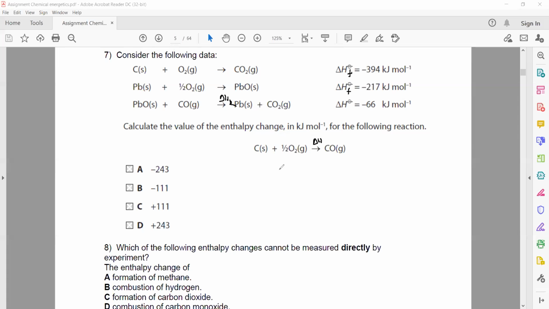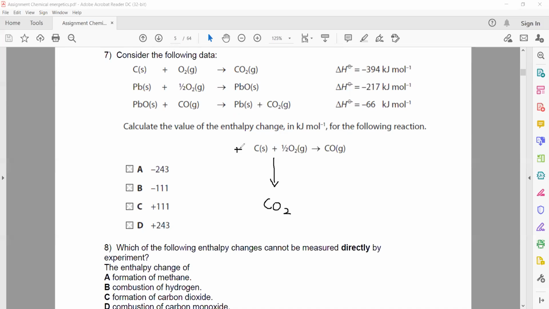So what we can do is add a link here, because this is the formation of carbon monoxide. Maybe carbon reacts with oxygen, it will produce carbon dioxide, and this is the formation of the carbon dioxide.